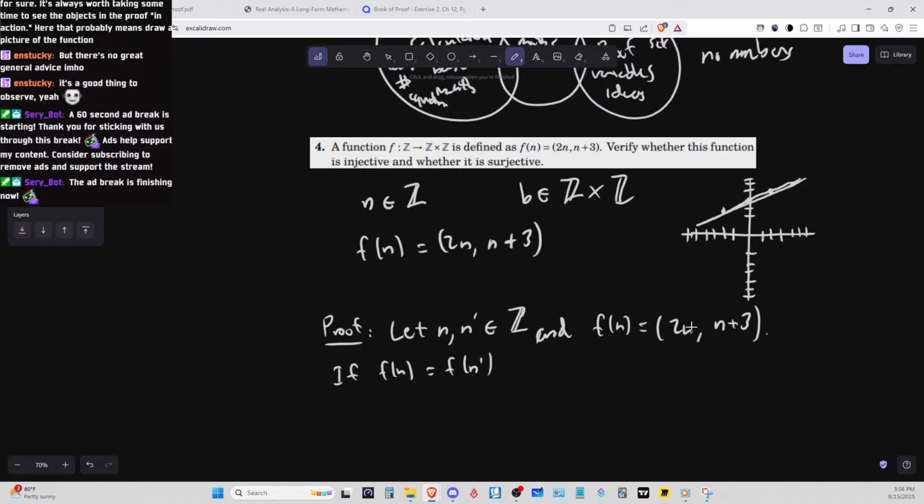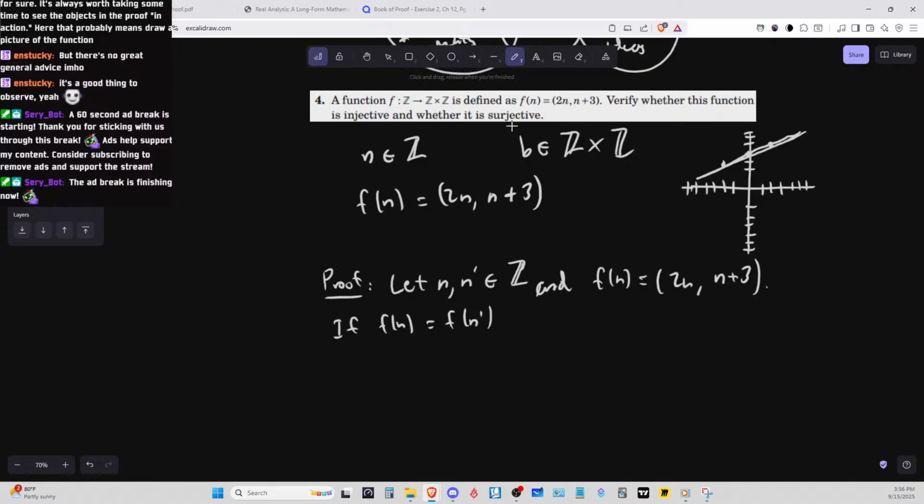Determine whether it is surjective. So if it's surjective, then that means it's going to have a result.